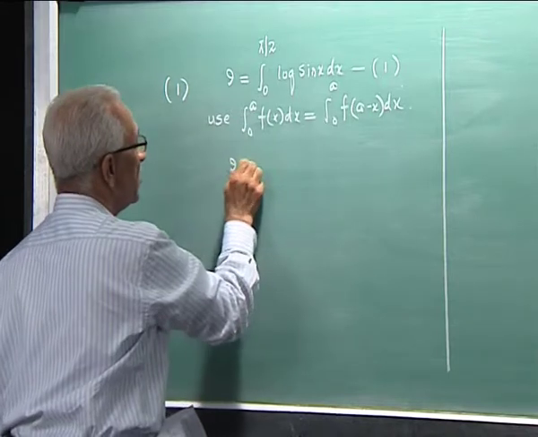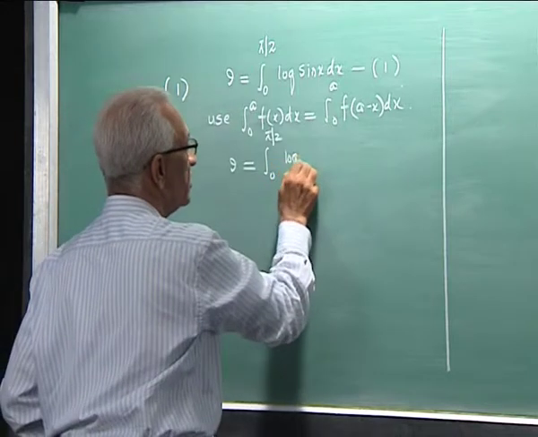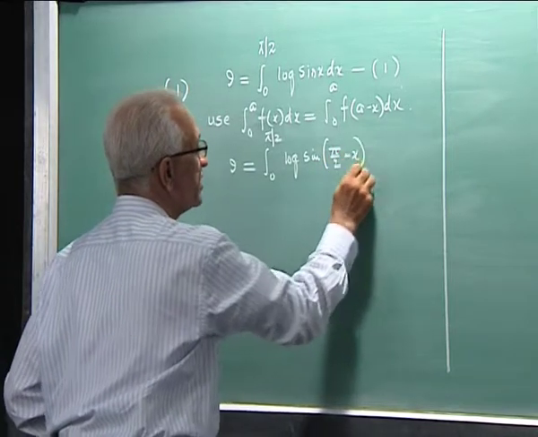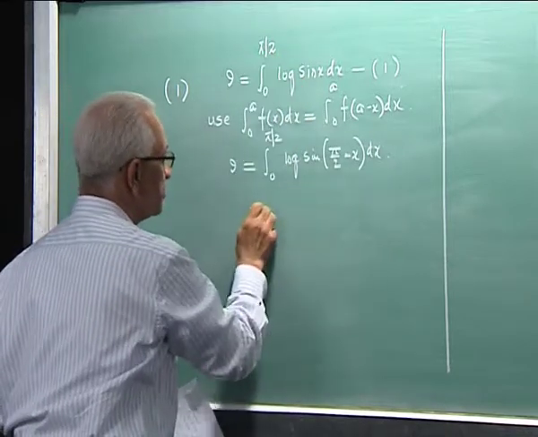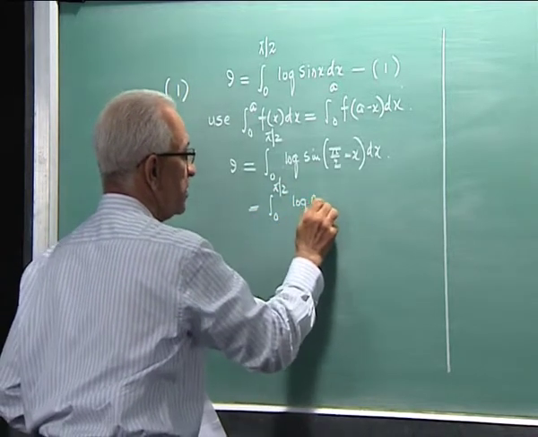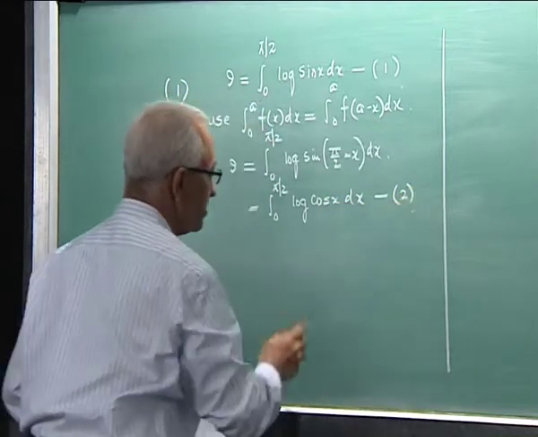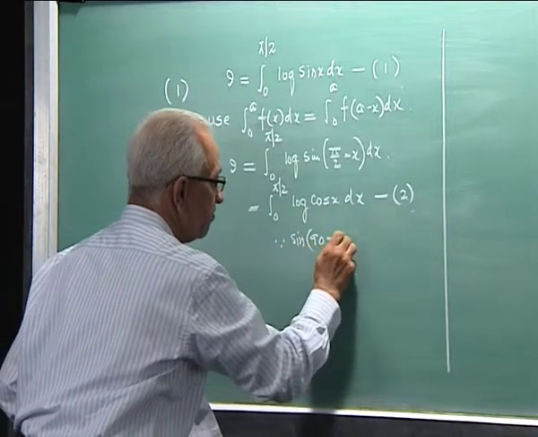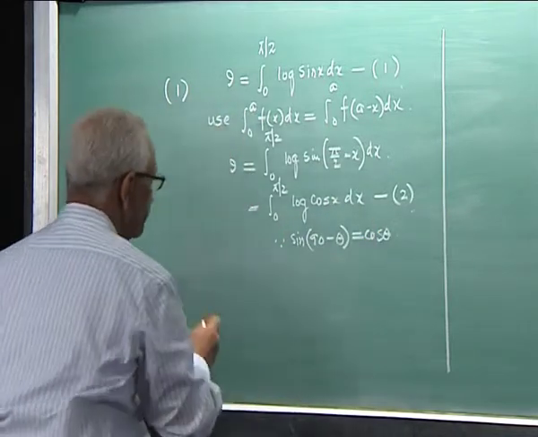By doing so, I get I is equal to 0 to pi by 2 log sine of pi by 2 minus x dx. Remember, I am subtracting from the upper limit, so this gives me 0 to pi by 2 log of cos x dx. I'll call it second. The reason is that sine of 90 minus theta is always equal to cos theta.